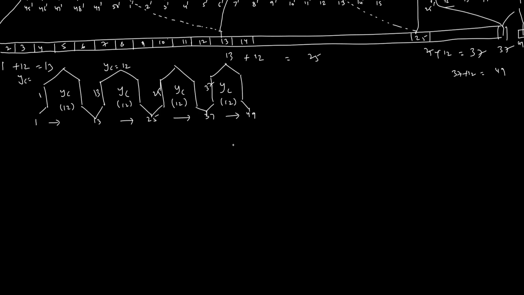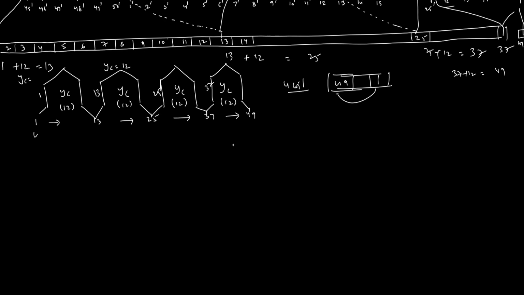So between two commutator segments, that is 1 and 49, how many coils are there? 4 coils, 4 coils in series. Okay, right.